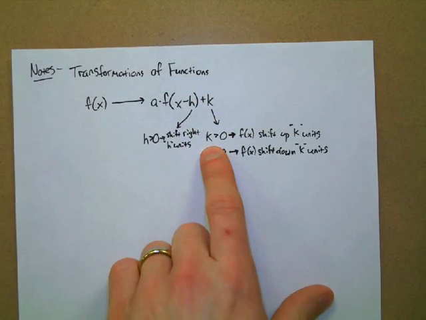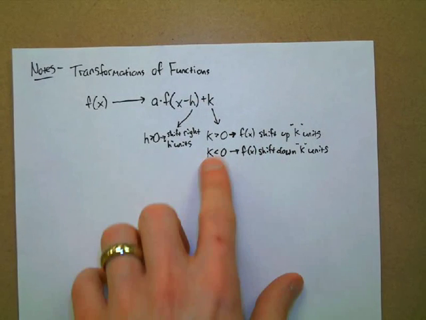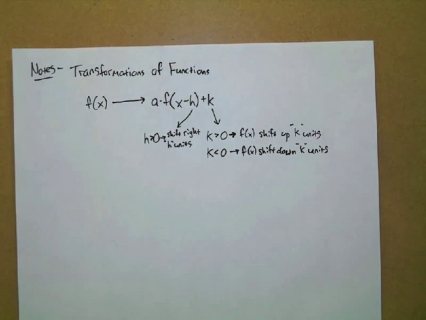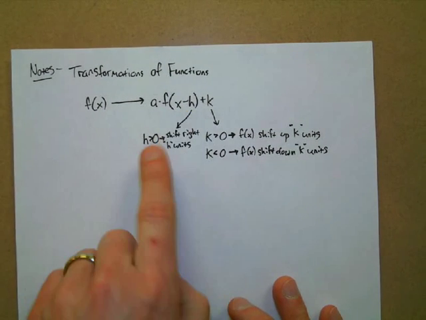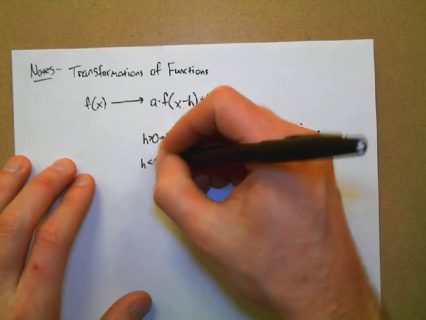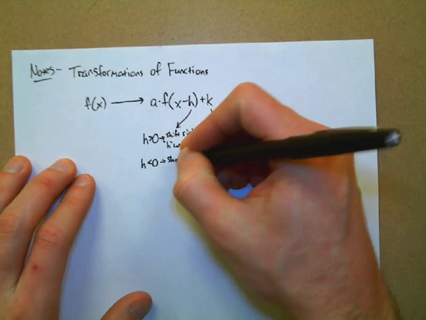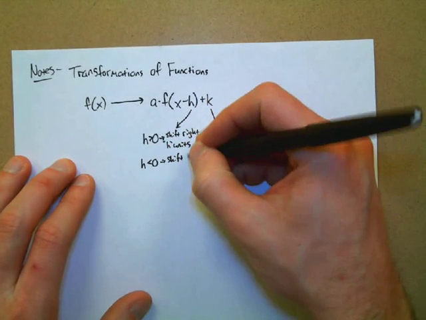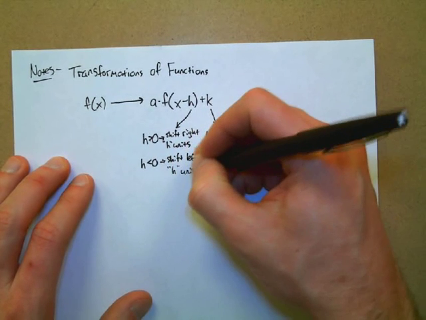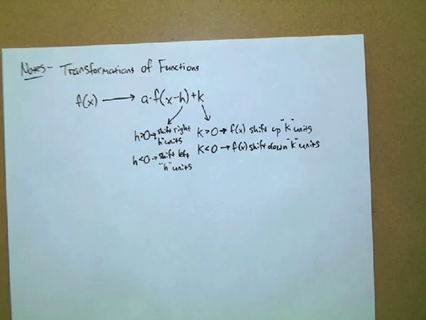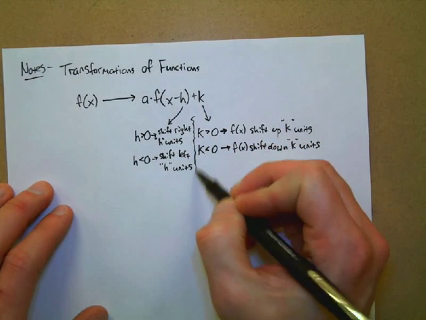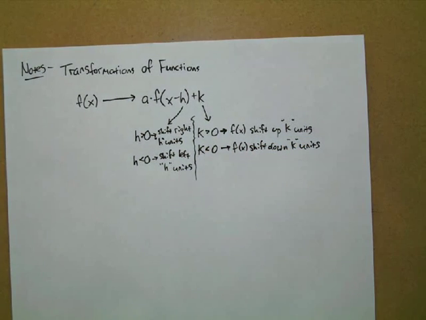If we add a negative k, we shift down, which again makes sense. But here it's backwards. If we subtract a positive number, it goes right, and if we subtract a negative number, we're going to shift left h units.